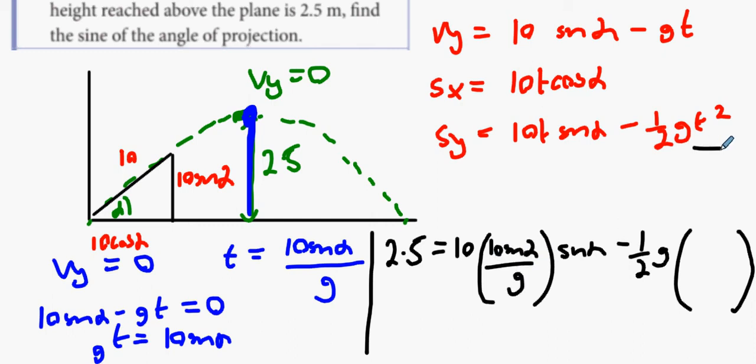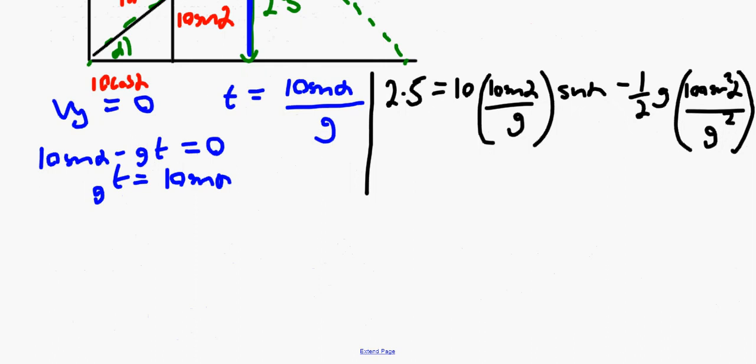The next one's t squared, so I'm just going to square that out into 100 sin squared alpha over g squared. Now we're going to have a good look at this.